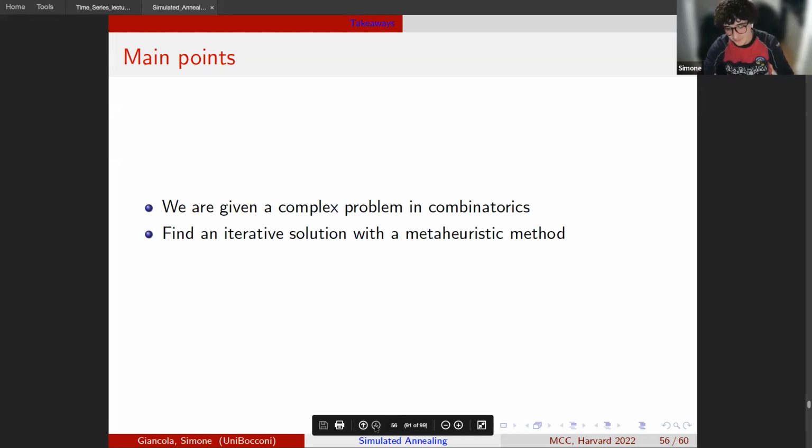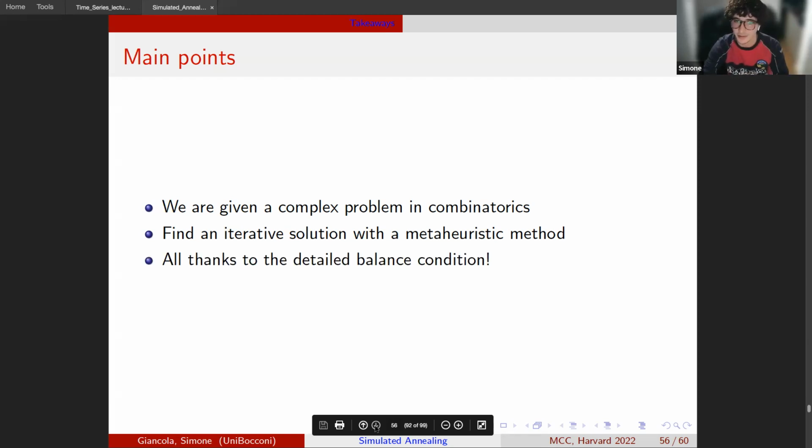We have devised an iterative solution with a meta-heuristic method, which means that it's not an exact solution, and it exploits sampling iteratively. This is kind of satisfactory, because if we use this temperature schedule, gradually decreasing it, we become more and more selective. So we start accepting everything, and in the end, we do not accept anything.